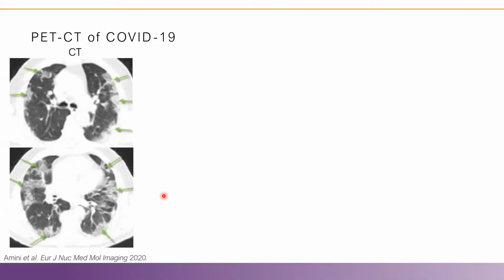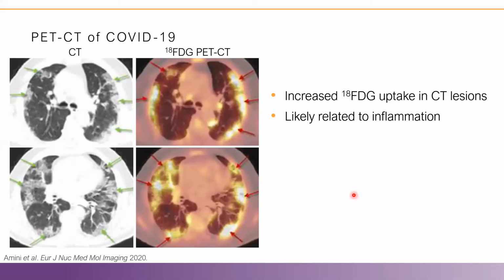And now again, I'm showing a couple axial CT slices from the same patient here. This patient underwent a combined PET CT exam, and the PET images showed increased FDG uptake within these CT ground glass lesions.